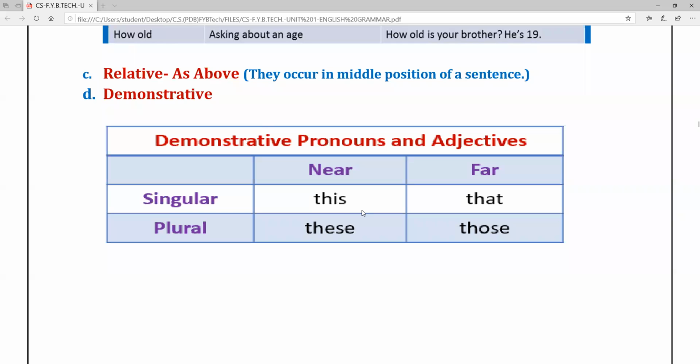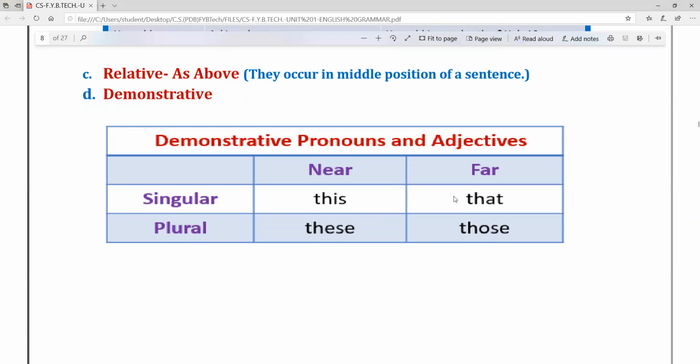When that object or gadget is far from you, ते जेव्हा तुमच्यापासून थोडं लांब असेल तेव्हा आपण इंडिकेट करतो किंवा डेमॉन्स्ट्रेट करतो. For demonstrating that object which is far from you, we use that is my mobile.